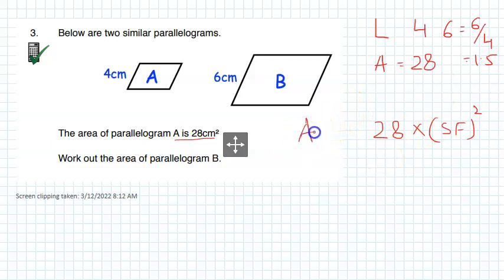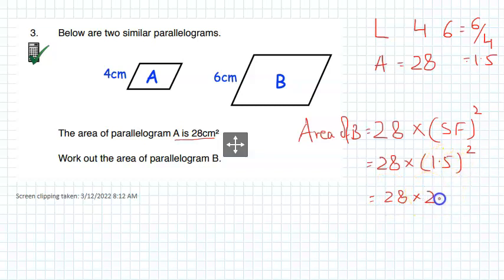So the area of B will be 28 multiplied by 1.5 squared. 1.5 squared is 2.25. So the area is, I think, 63 centimeter square.